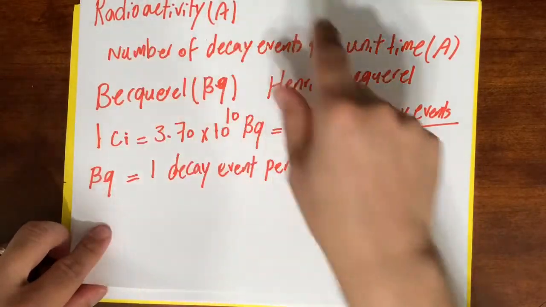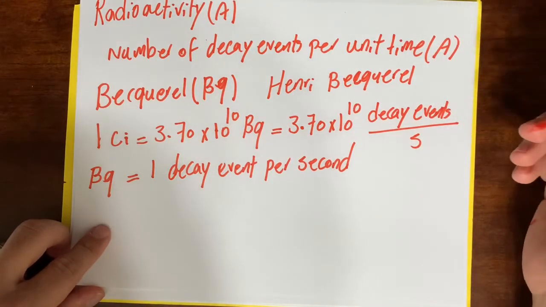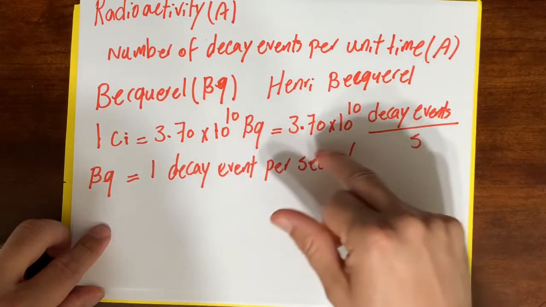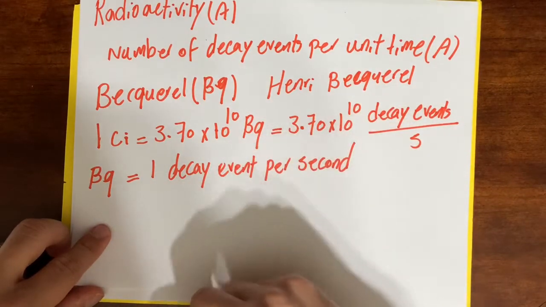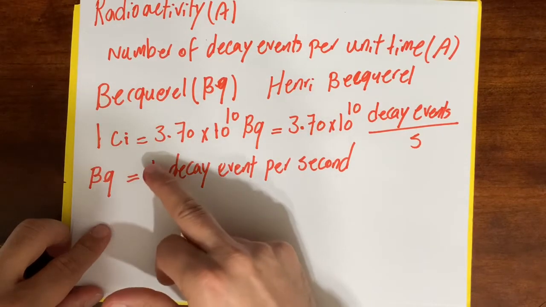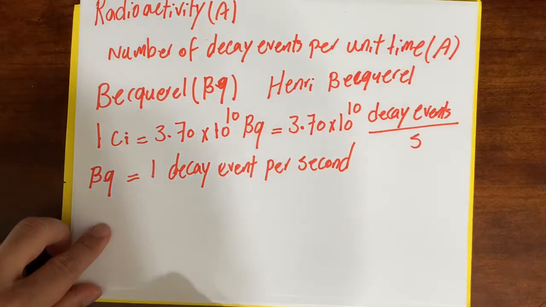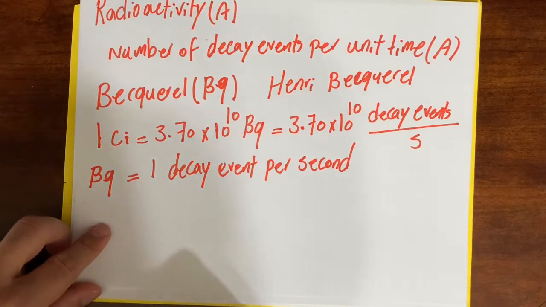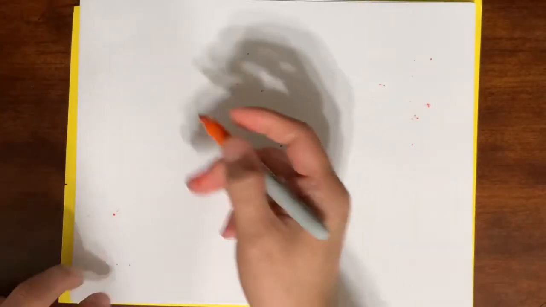I said the radioactivity is going to be the number of decays per second, and the becquerel unit for it is going to be equal to 1 decay per second. We can use a curie unit, but it's way bigger than the becquerel unit, and is equal to 3.7 multiplied by 10 to the power of 10.